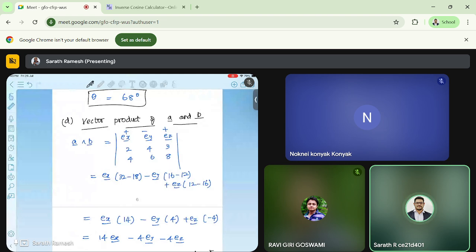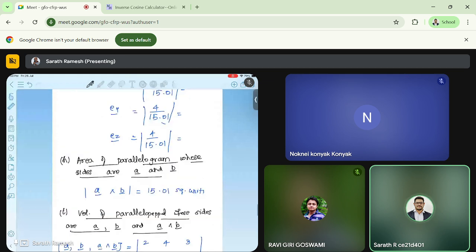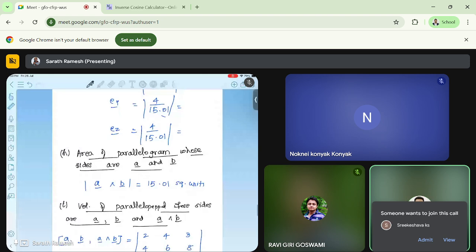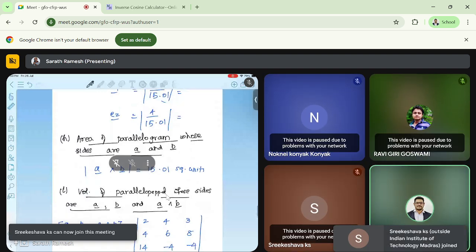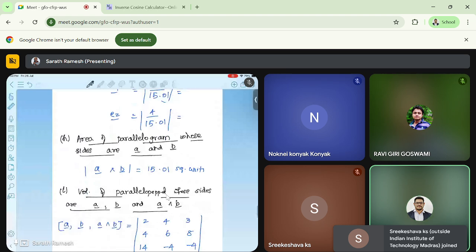And finally we saw the box product: the volume of a parallelepiped formed by three vectors is nothing but the box product. Fine. So this completes the first question.